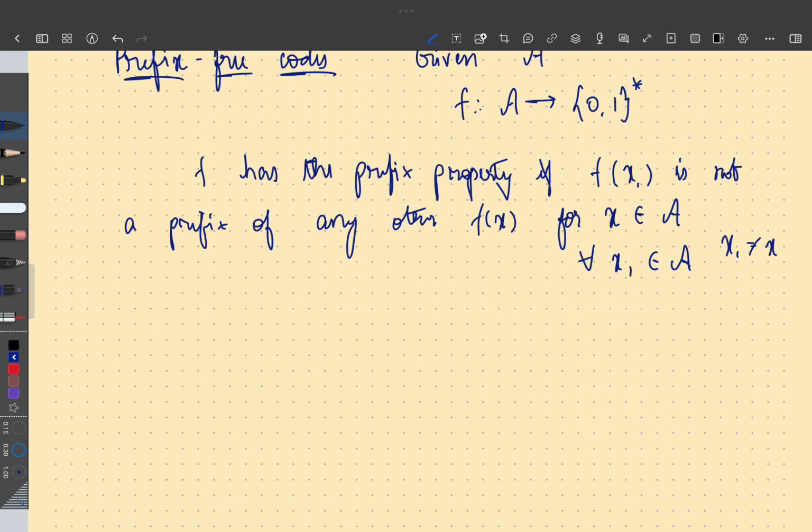So for any prefix-free code, it turns out that there is a special property. Now, there's no unique way of generating a prefix-free code. There can be multiple such functions. But as it turns out, the lengths corresponding to a prefix-free code satisfy a special property.